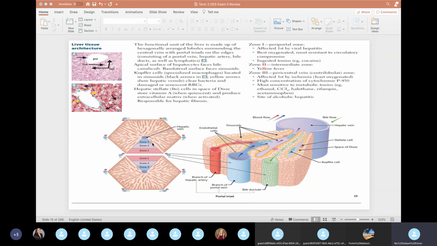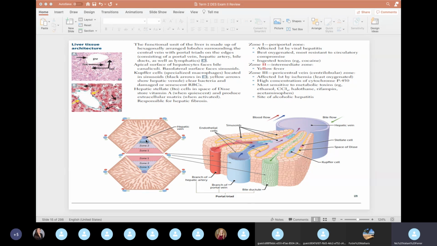Okay, that's high yield. So let's summarize that one. Zone 1, viral hepatitis. Think about ingested toxins, cocaine, best oxygenated. Zone 2, yellow fever. Zone 3, farthest away from the portal triad, the closest to the hepatic vein. Therefore, this is affected by ischemia.